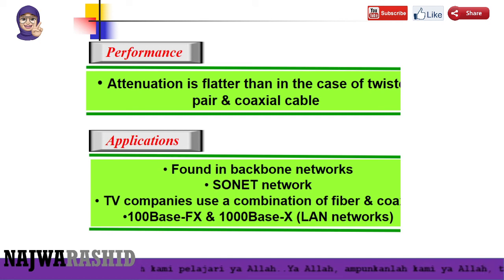And TV companies use a combination of fiber and coaxial cable. Why do we use the combination? Because fiber optic is quite expensive and costly, so we need to mix it with another cable. And 10BaseFX, usually the F here is equal to fiber, and 1000BaseX for the LAN networks.